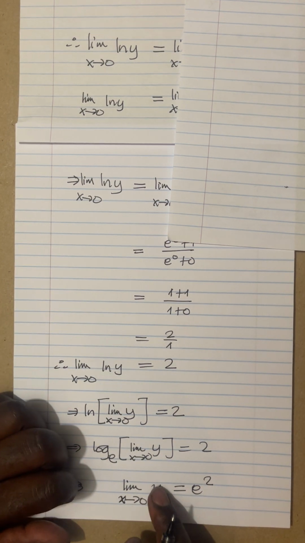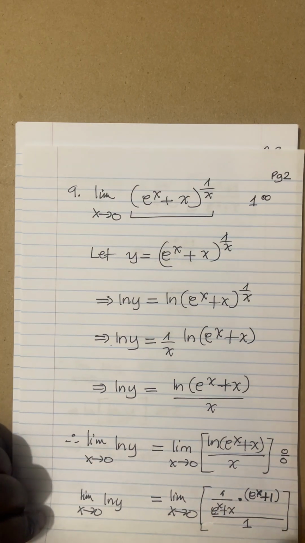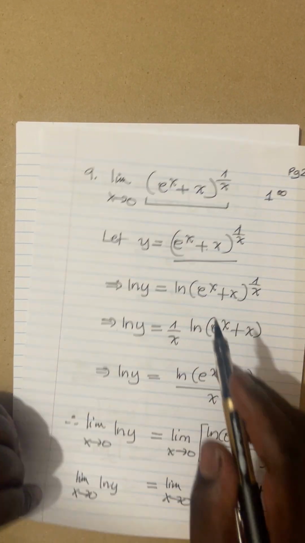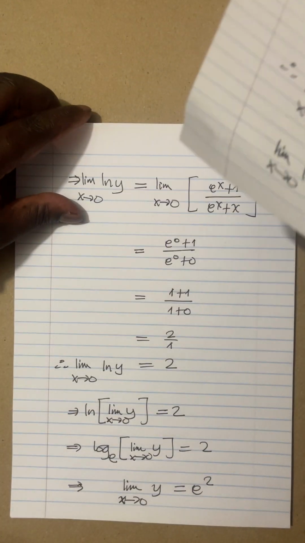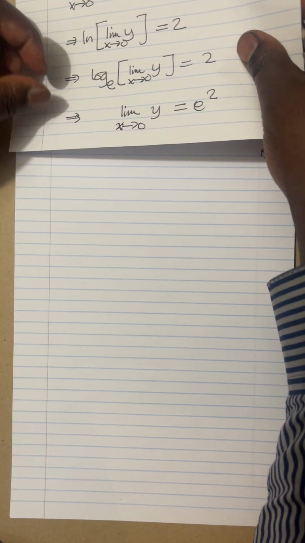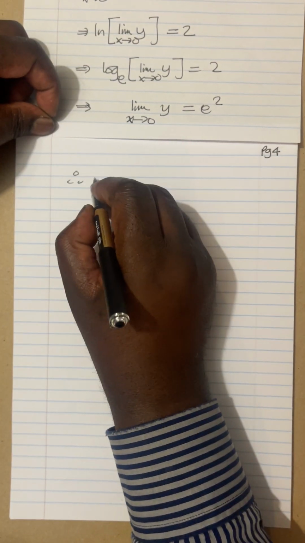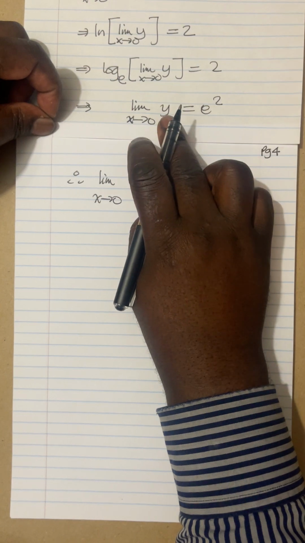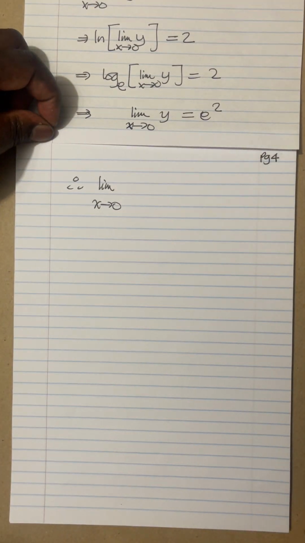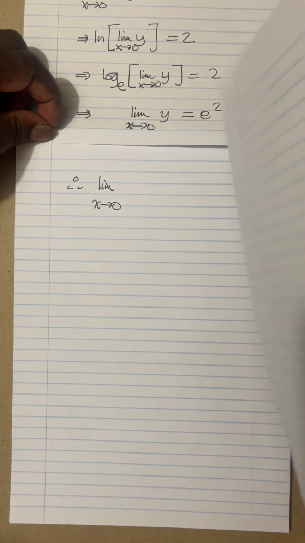But now remember, y, where we started from here, y is actually this expression. So I'm going to take that expression, put it here, then I've managed to evaluate my limit. So this takes us to page number 4, just to conclude this. So we're basically saying, therefore, the limit as x approaches 0 of y, remember what I told you, y is e to the power x plus x to the power 1 over x.